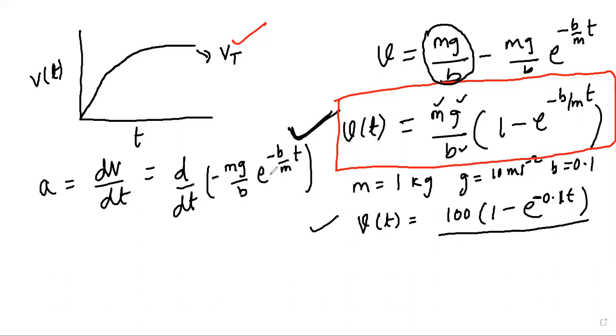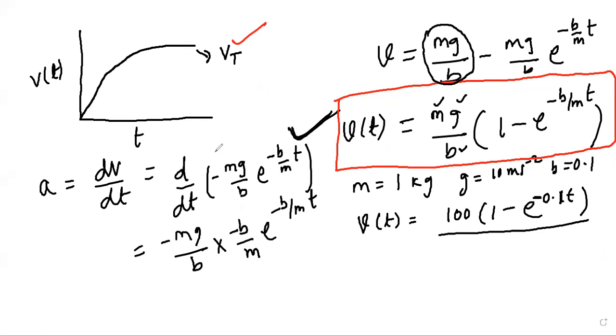This is in the form of some constant e to the power minus kt. So you take the constant out, minus mg by b, and then d by dt of e to the power minus kt. Taking the derivative, you got minus b by m e to the power minus b by m t, the constant term.